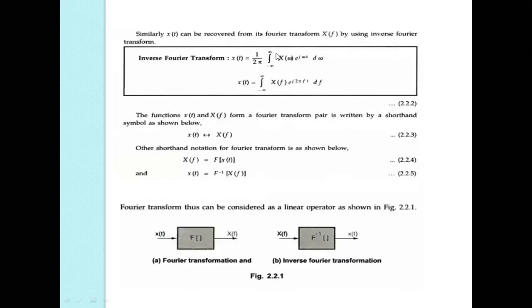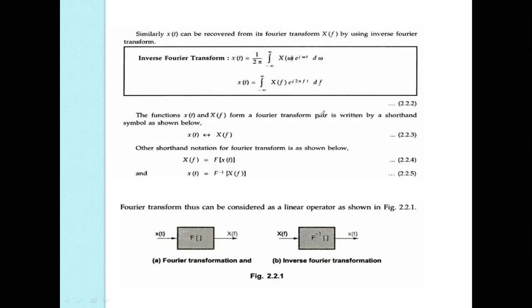And the inverse Fourier transform of X of omega: x of t is equal to 1 by 2 pi times the integral from minus infinity to infinity of X of omega e power plus j omega t d omega. See now the Fourier transform pairs: the functions x of t and X of f form a Fourier transform pair.